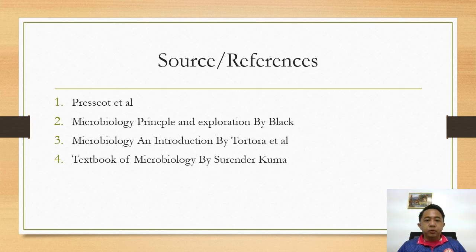And Textbook of Microbiology by Surender Kumar. All of these four textbooks can be downloaded on the internet. There are PDF copies of these books, which are free for downloading. You can use those ebooks as your references in the different activities and lessons that we are going to tackle under your microbial taxonomy.